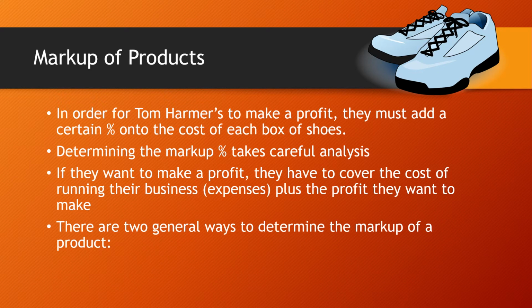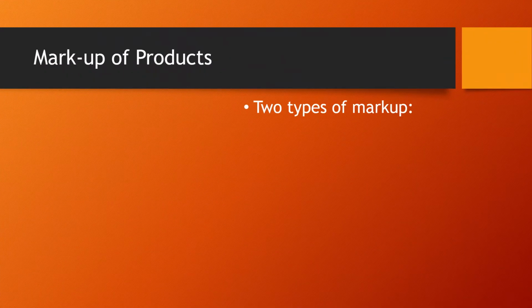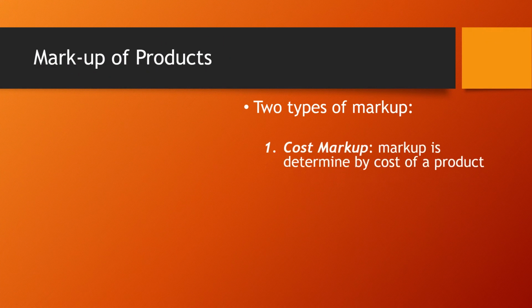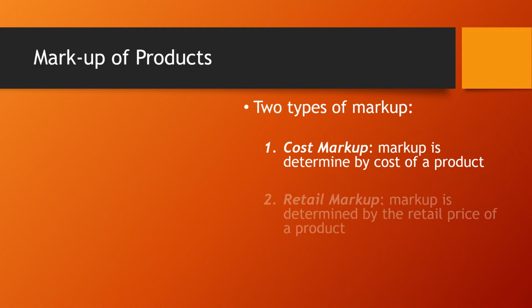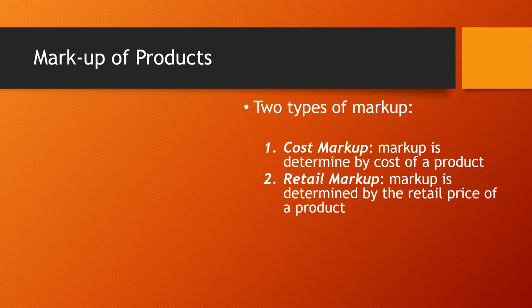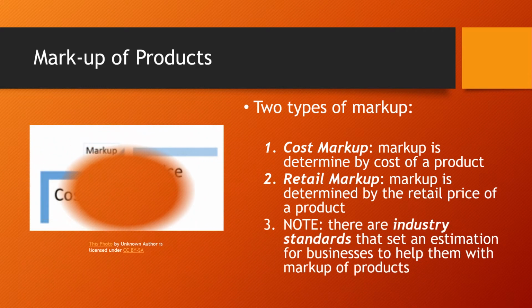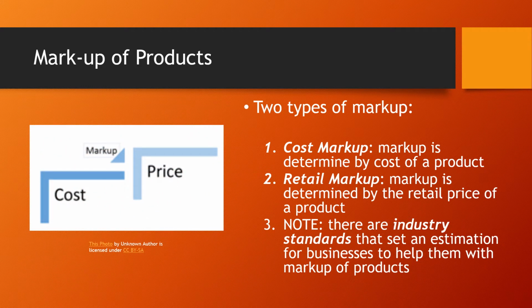There are two general ways to determine the markup of a product: cost markup, retail markup. Cost markup is markup that is determined by the cost of a product. Retail markup is the markup that is determined by the retail price of a product. Note there are industry standards that set an estimation for businesses to help them with markup of products.